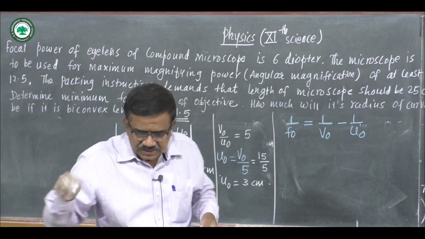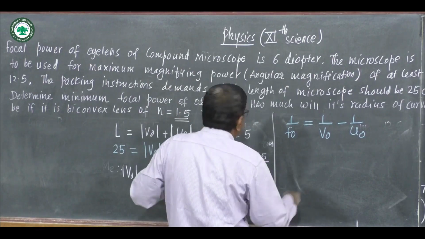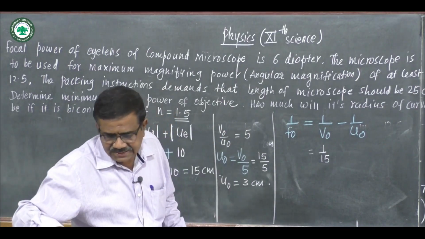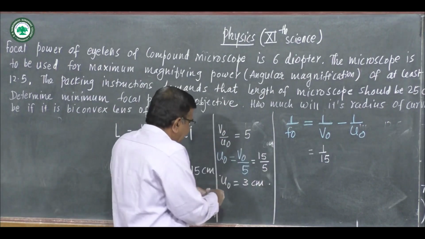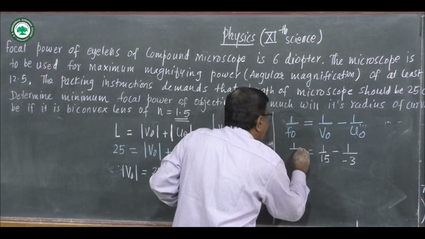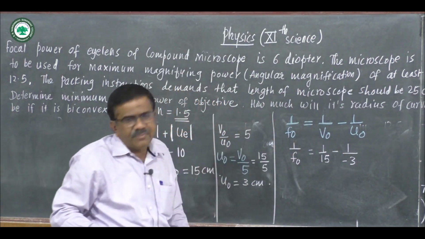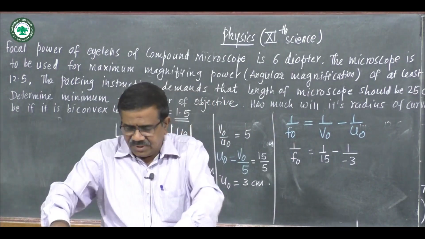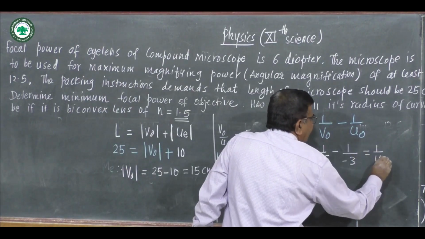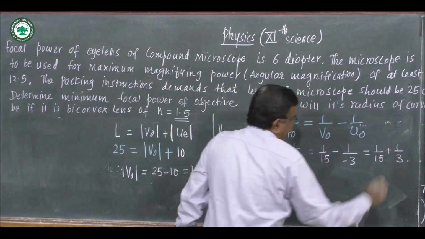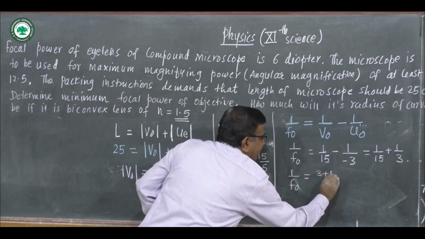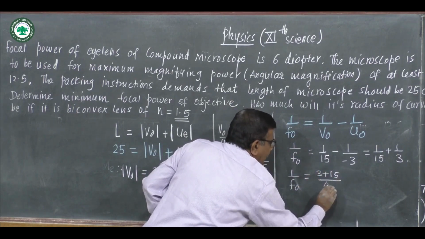Substituting the values, 1 upon 15 minus, but this is minus, so minus 1 upon 3. 1 upon FO is 1 upon 15 plus 1 upon 3, that is 3 plus 15 upon 15 into 3, which is 45.